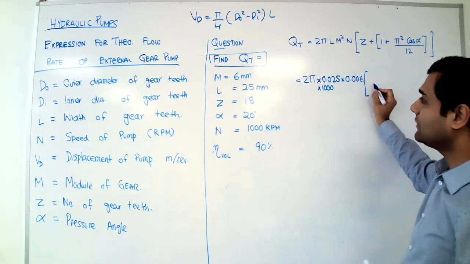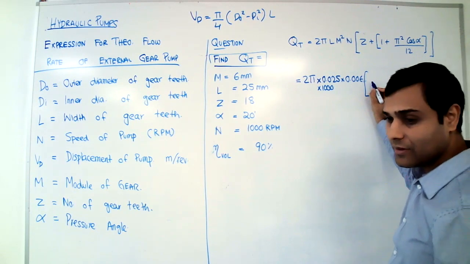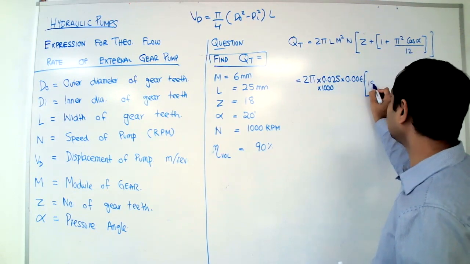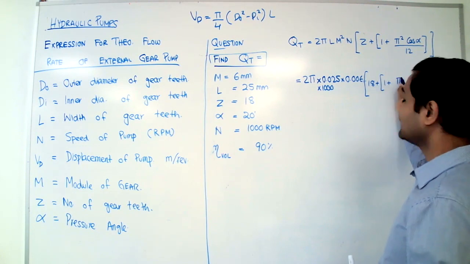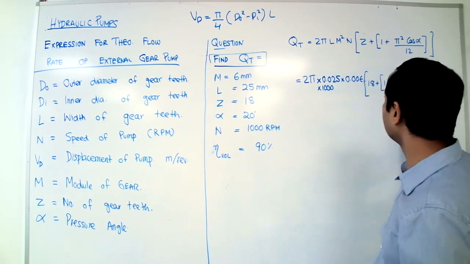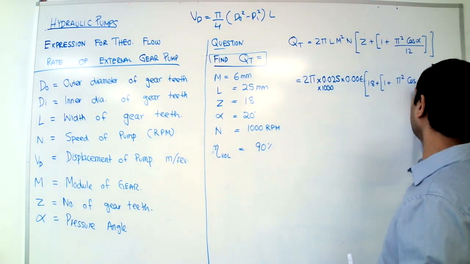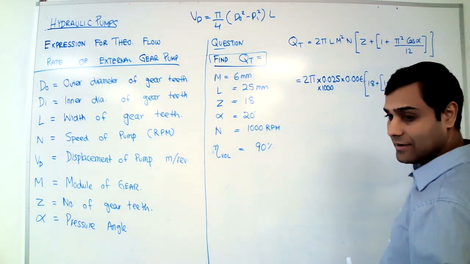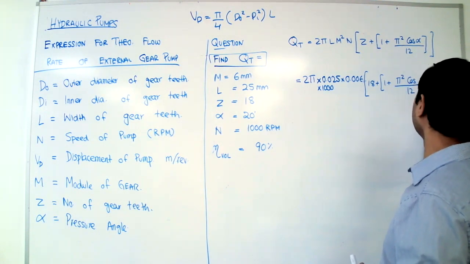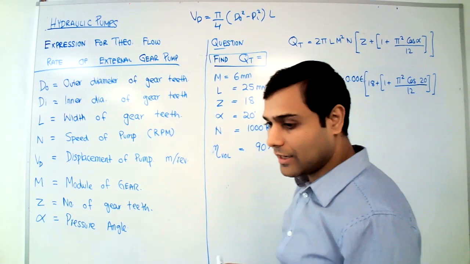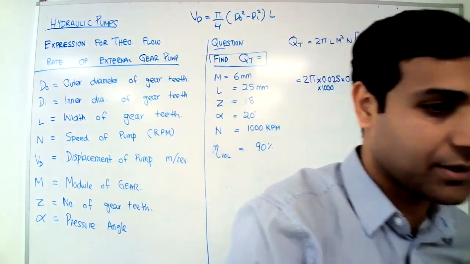And we have Z is 18. That Z is 18 because the number remains the same. 1 plus pi squared cos 20 divided by 12. If you put that in your calculator, you will get an answer.